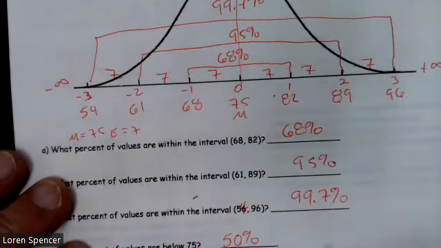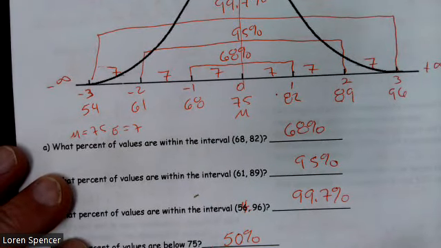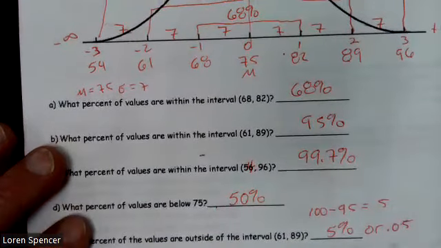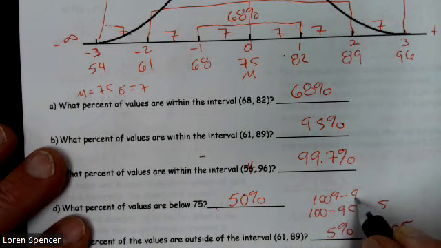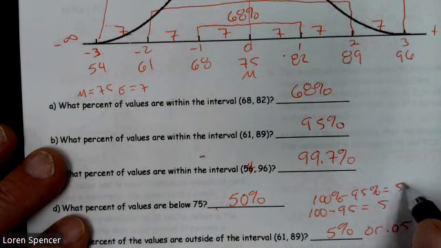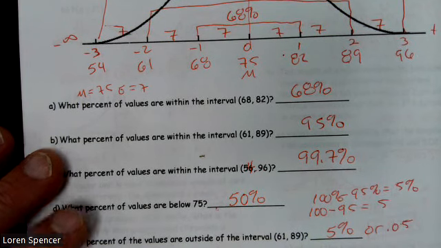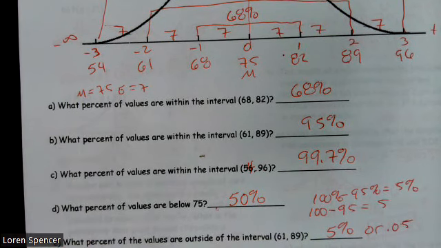The whole curve represents 100%, so this is going to be 100% minus the 95%, which equals 5%, or 0.05.